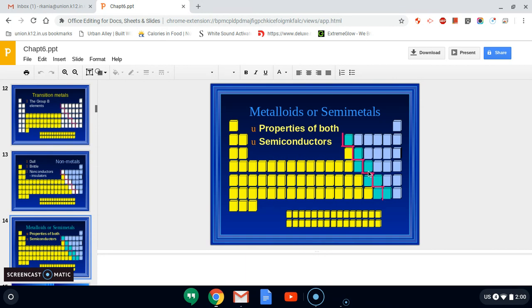One of the most famous ones is sitting right there, and that's silicon. Silicon is the computer chip material. It's also dull and brittle, but it's a great conductor of electricity, so it has properties of both. So the left side of the periodic table is metals, the right side is non-metals, and things that touch the stair-step line are semimetals or metalloids. Okay, and that's enough.